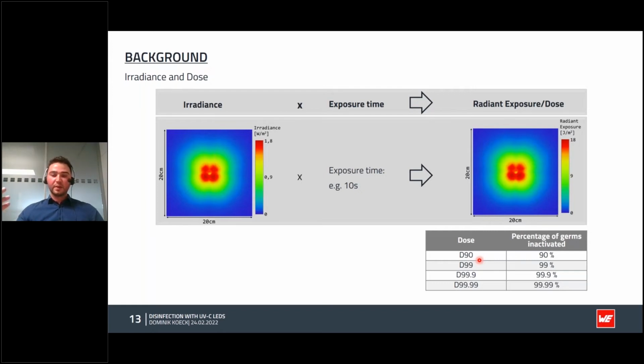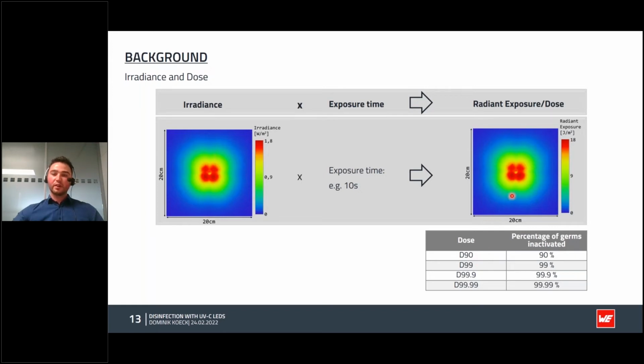And let's imagine we have a bacterium with a D90 dose of 18 joules per square meter, which is the energy per square meter.